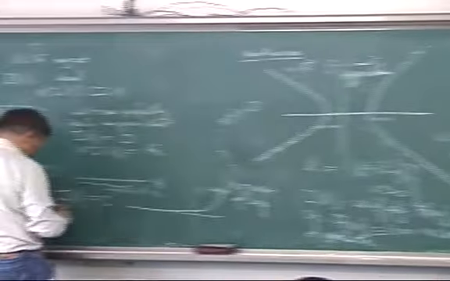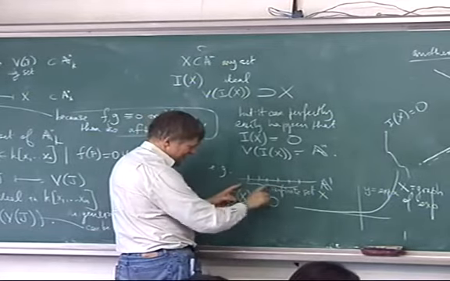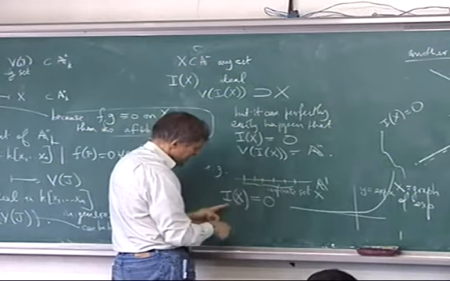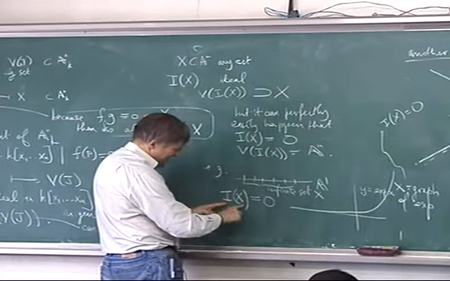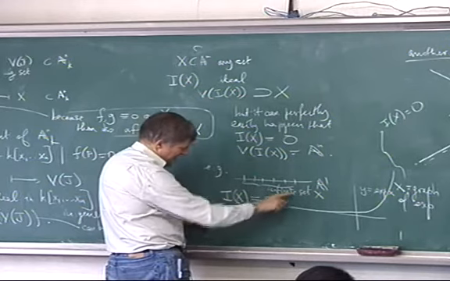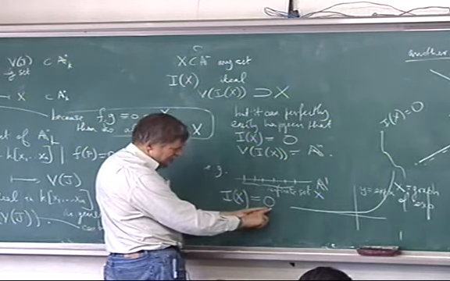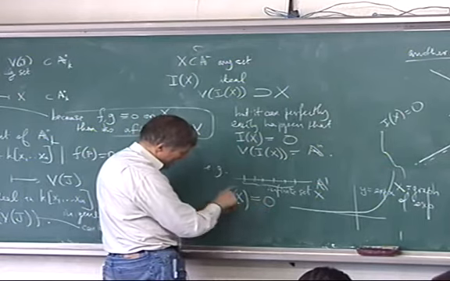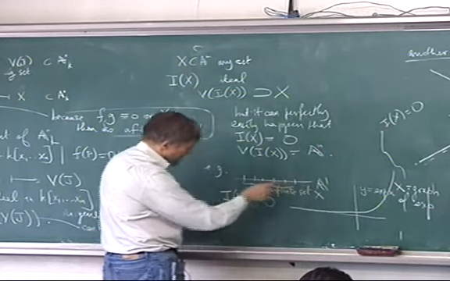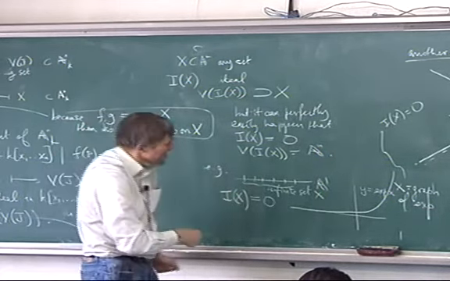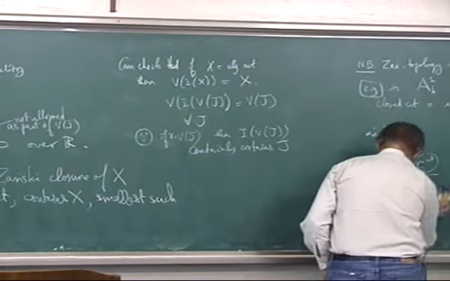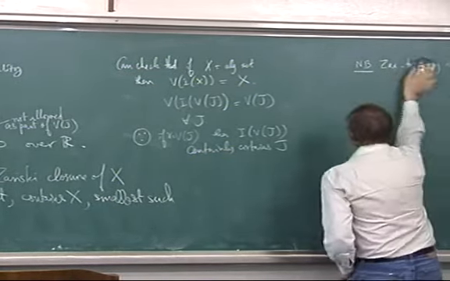So the thing that's going wrong, I write down this counterexample: here I write down A1 and some infinite set. When I do I of x, I find that the ideal of things vanishing on x is much too small. On the other hand, if we knew that x were already an algebraic set, then the ideal of x would already contain enough polynomials to define x. Okay. So I'm warming up for the Nullstellensatz.